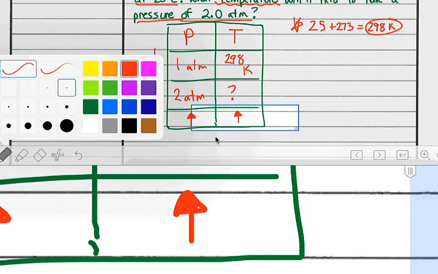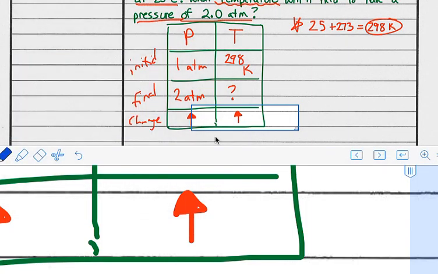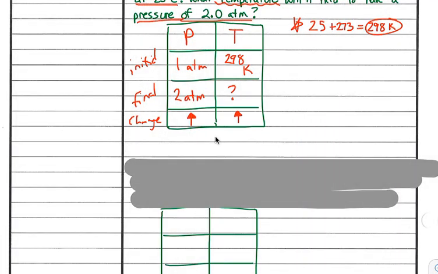All right, so let me change to a different color. How about blue? Okay, so remember with the pressure and volume, we were thinking about what the change was and what we should do with the other numbers, and we did the same thing with pressure and number. What was the change, and what are we going to do with that information? So we're going to look at how much the change is.